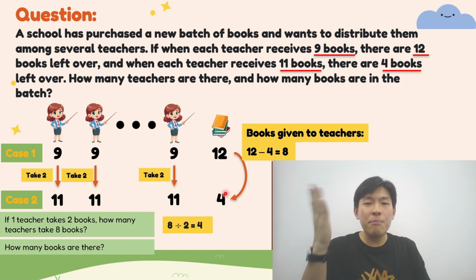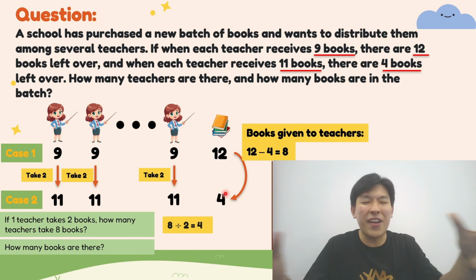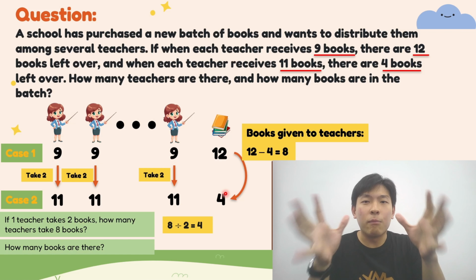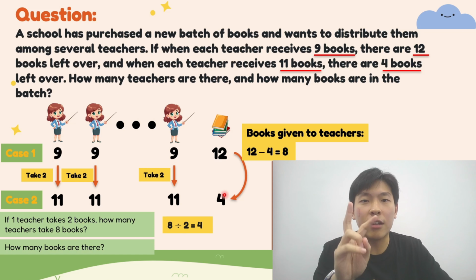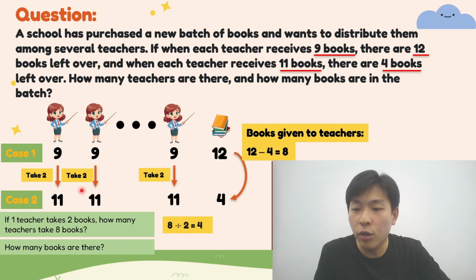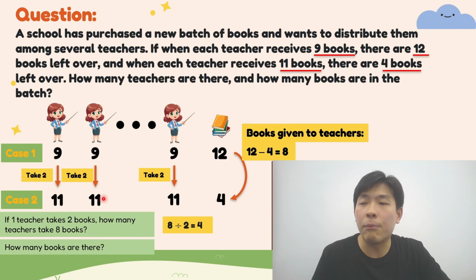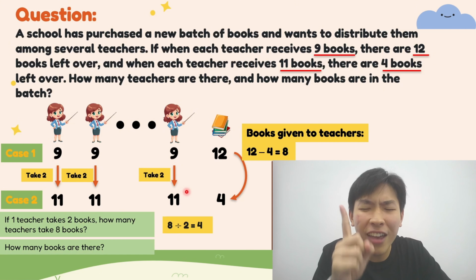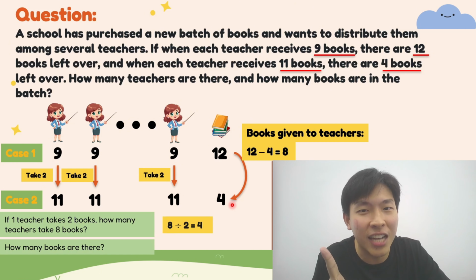Now, how many books are there? Perfect! Good job, everyone. I'm sure you have found the answer. We can use 2 methods here. First, if case 2, we can take the number of teachers, which is 4, to multiply the number of books owned by the teacher, which is 11. And don't forget to add the number of books left over.